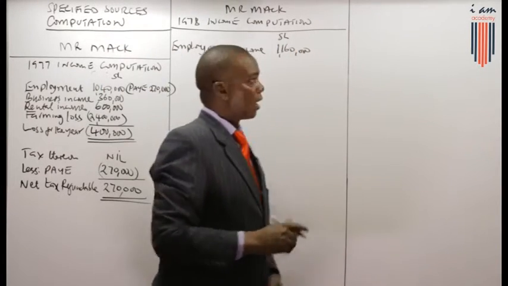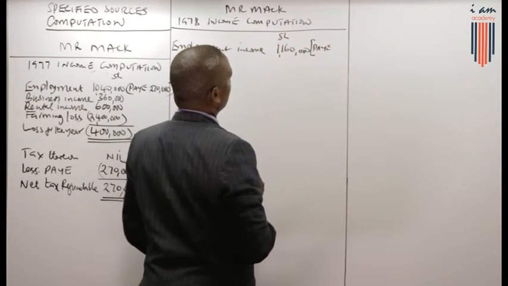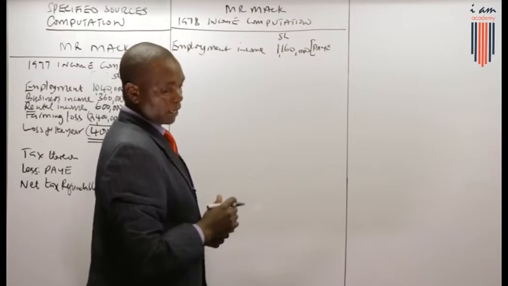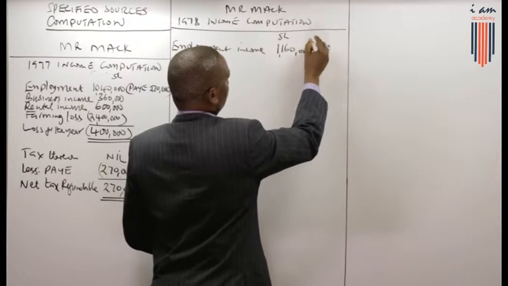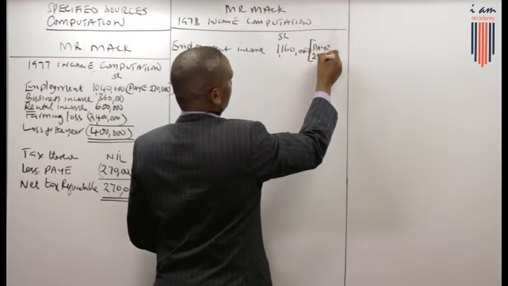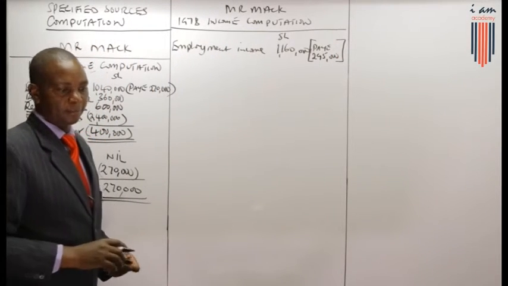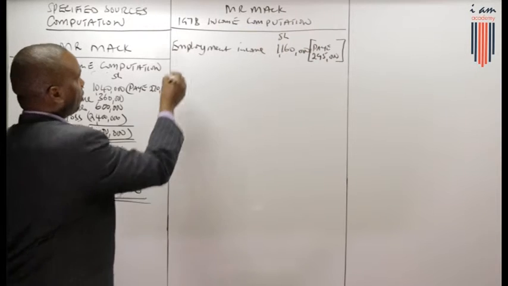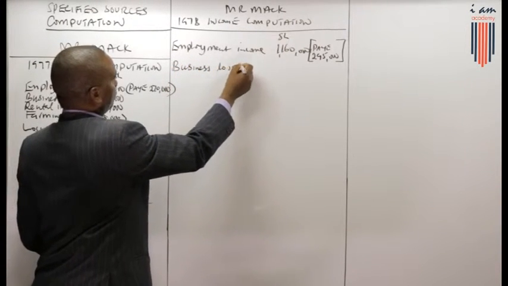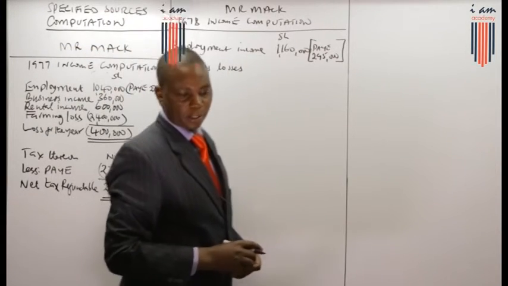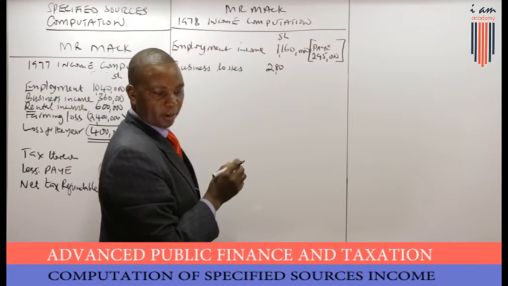Employment income, this time giving an arbitrary figure of 1,160,000. And we will take that he paid PAYE, in this case a figure of 295,000. Then from his business, he made some losses, business loss, and in this case, an arbitrary figure of 2.8 million.